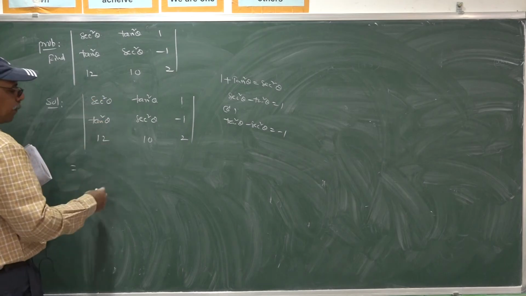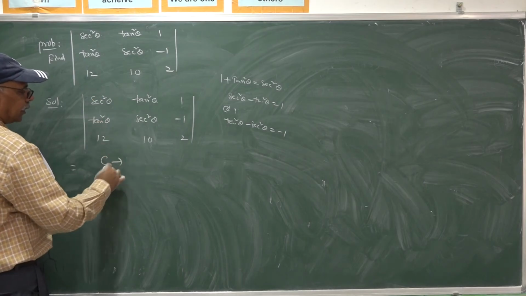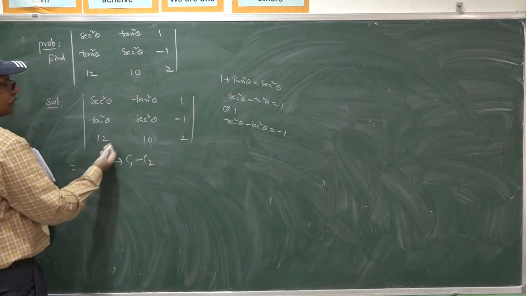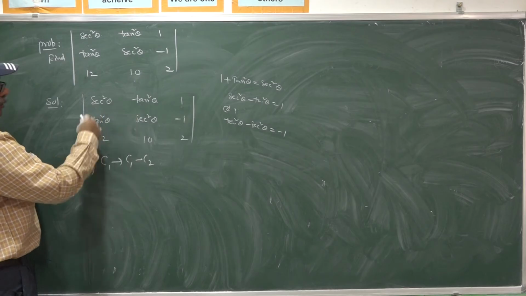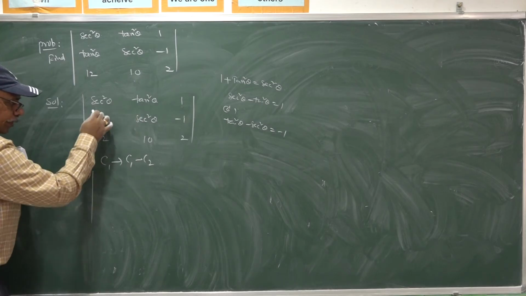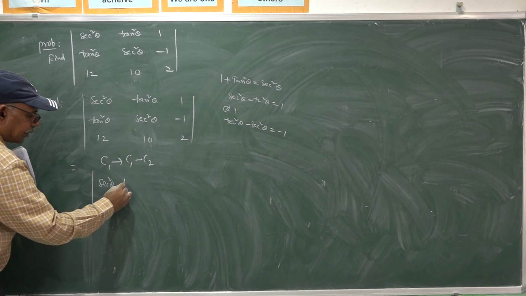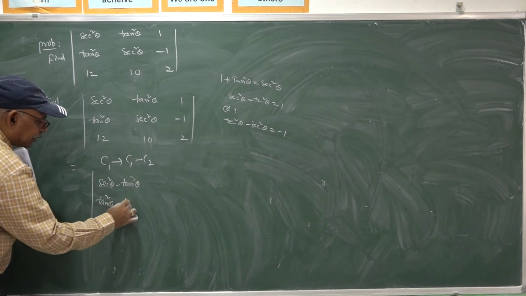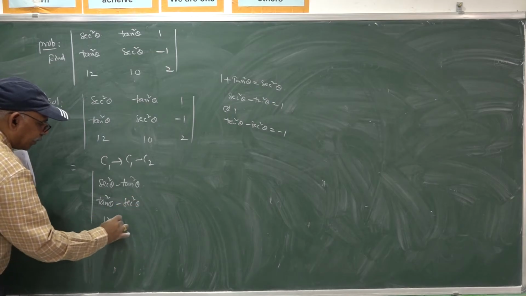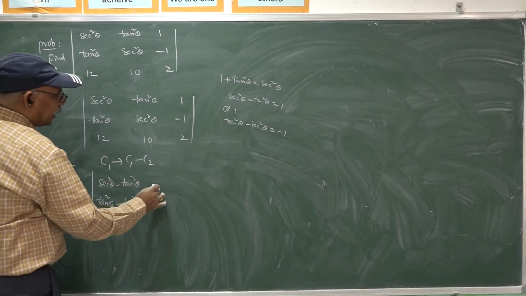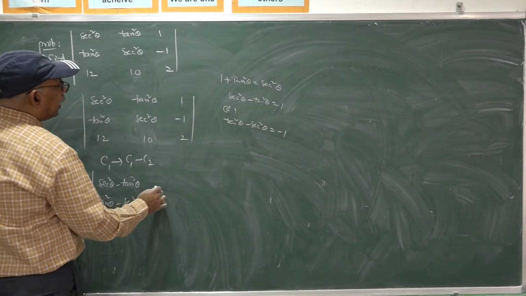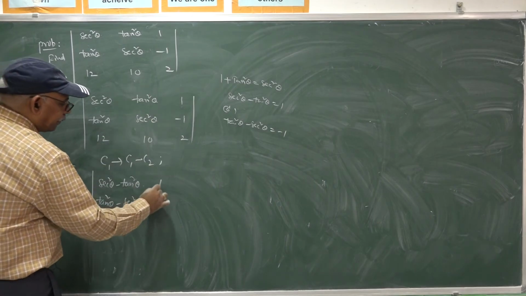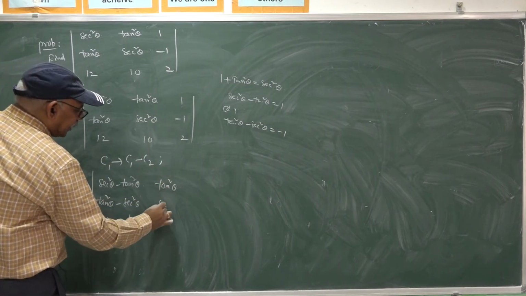So apply the column transformation C1 minus C2, so that we get secant square theta minus tan square theta here, tan square theta minus secant square theta here, and 12 minus 10 here. The second column is fixed, it is unaltered.